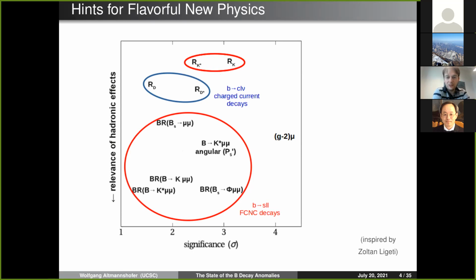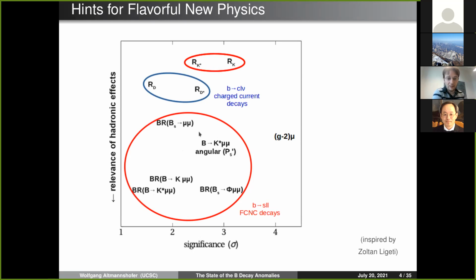These are ratios of branching ratios of rare B decays, B to K ll or B to K star ll, and one compares electrons or muons in the final state, and we will discuss this in more detail in a few minutes. But those are probably the theoretically cleanest measurements, and they deviate by 2.5 to 3 sigma from the standard model predictions.